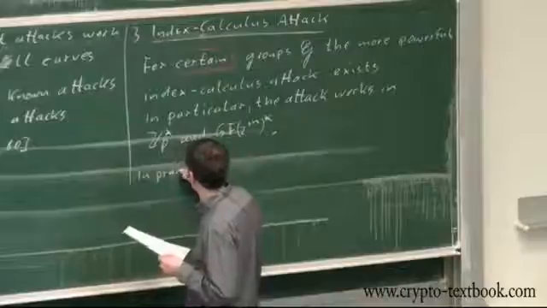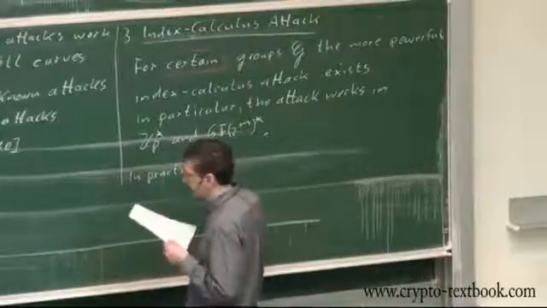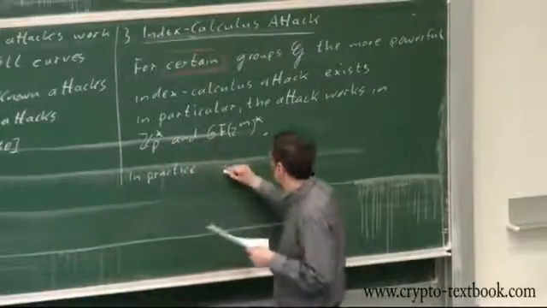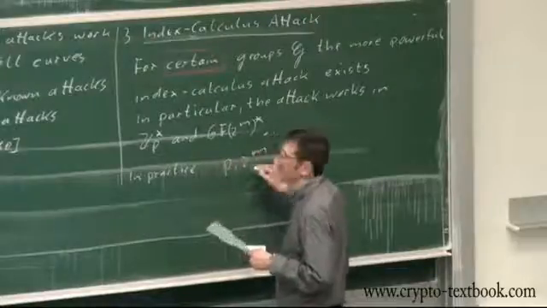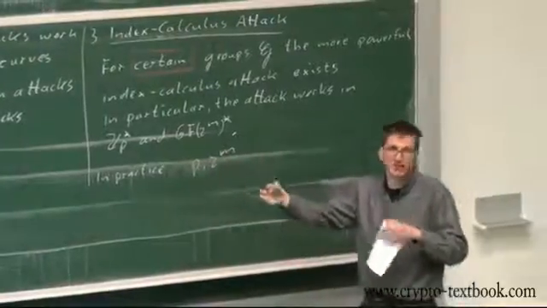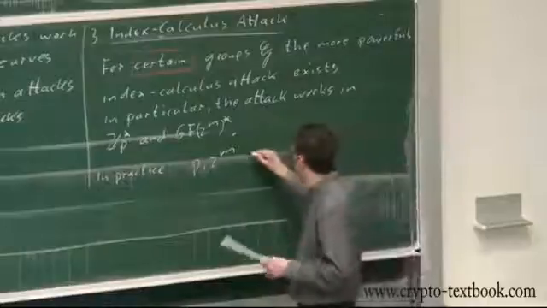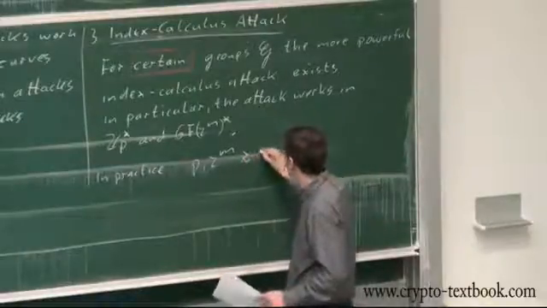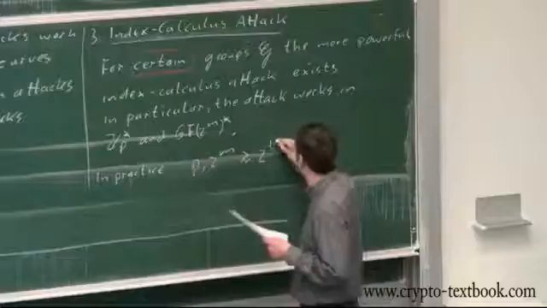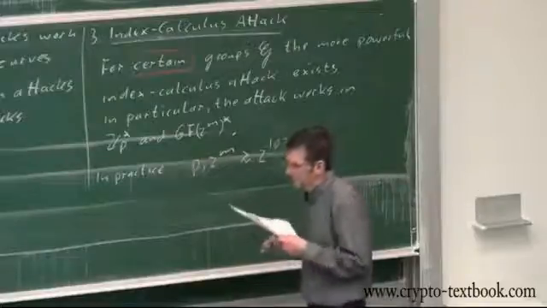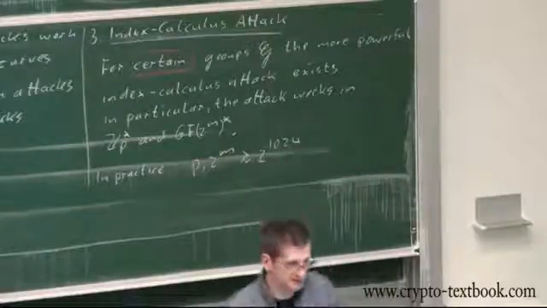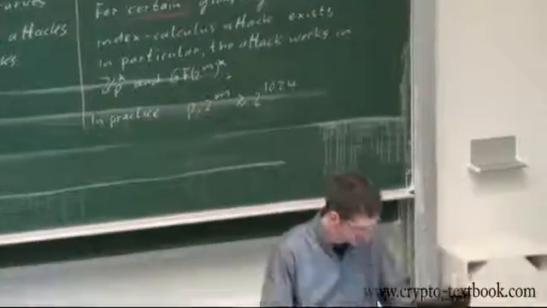In practice, p and 2^m have to be much, much larger, unfortunately, than 160 bits. What people say nowadays is at least 1024 bits, and then finally I can use my book here.